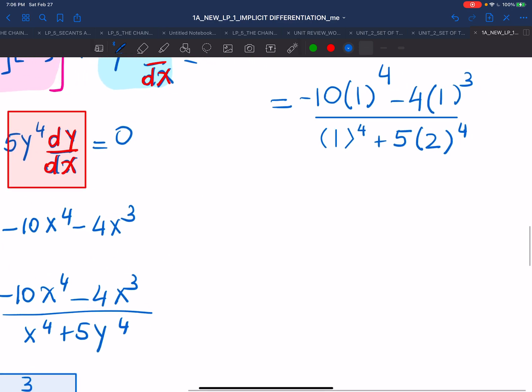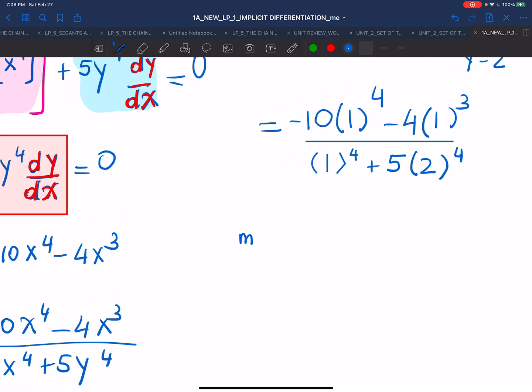Let's evaluate. So that would be negative 10 minus 4 over 1 plus 2 to the power 4 is 16, and 16 times 5 is 80. Negative 14 over 81.